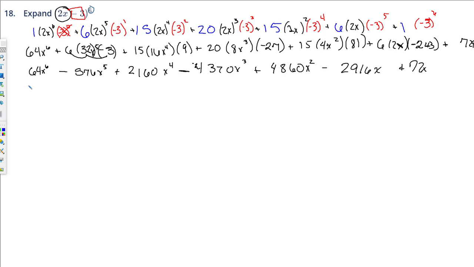So that's your answer. It's supposed to be a 729. There were no y's on this one because there were no y's on that negative 3.